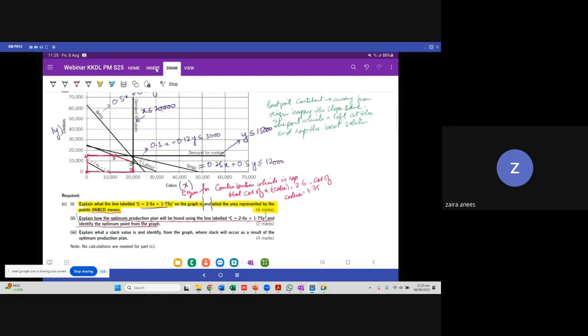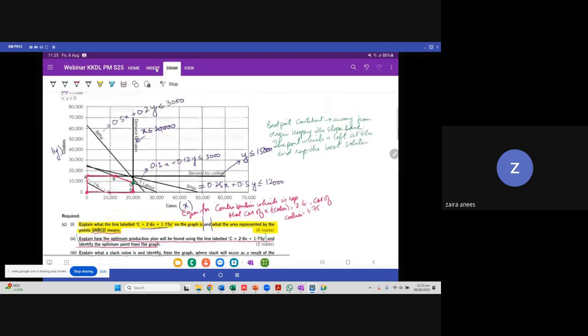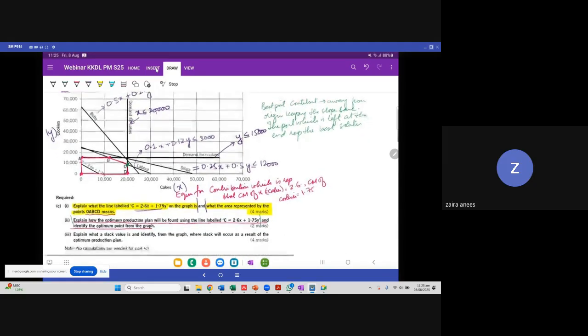Okay. So now they are asking to identify the optimum point from the graph. So we identify that the optimum point is point C, right? Explain how the optimum production plan will be found using the line labeled C and identify the optimum point from the graph. I think we have to identify the point, point C, right?